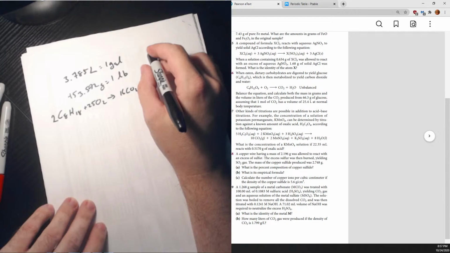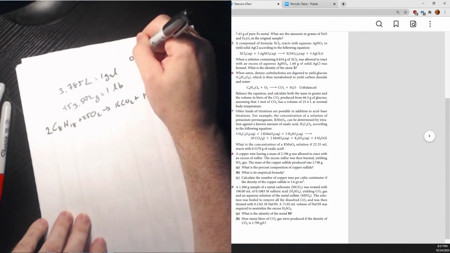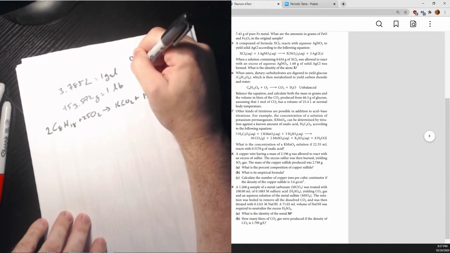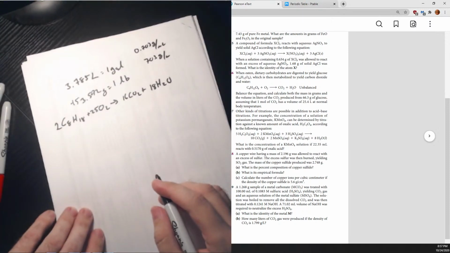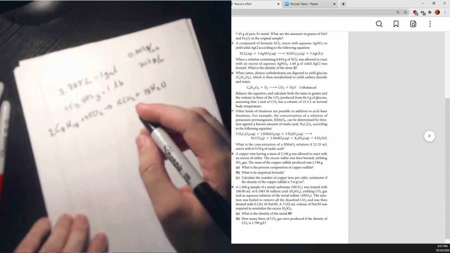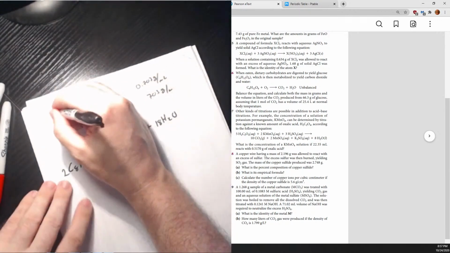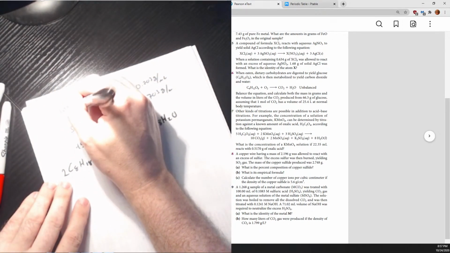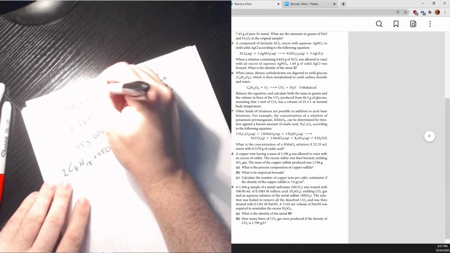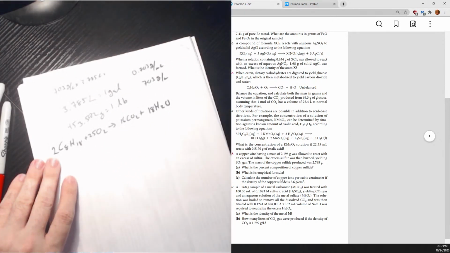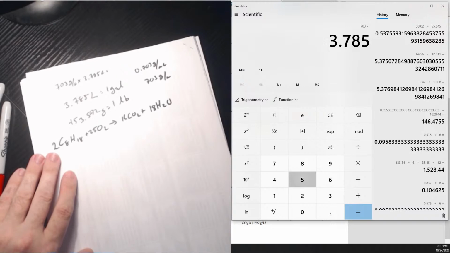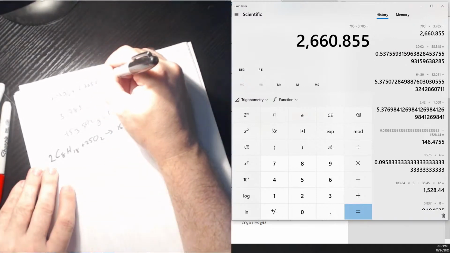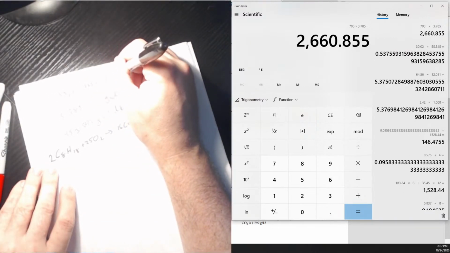What was it? 0.703 grams per mil is 703 grams per liter. Okay. So 703 grams per liter times 3.785 liters. 2,660 grams.